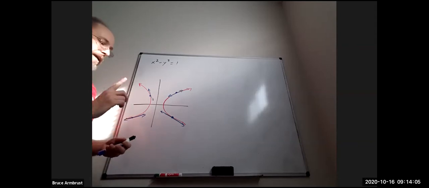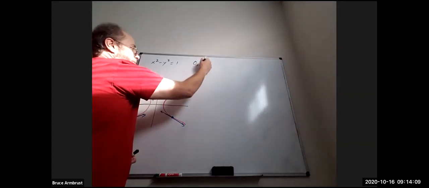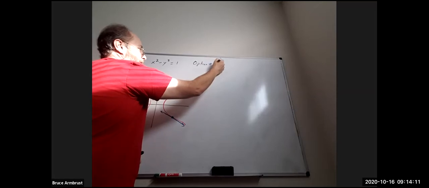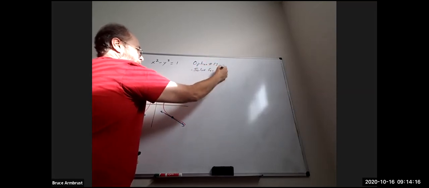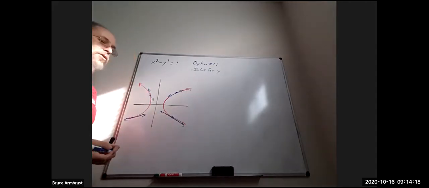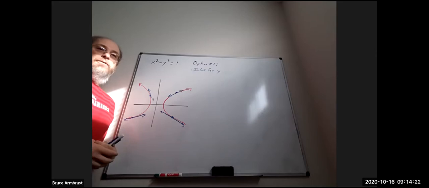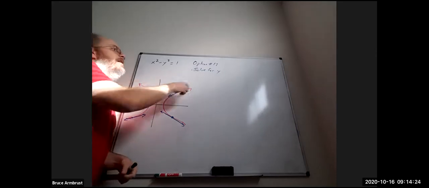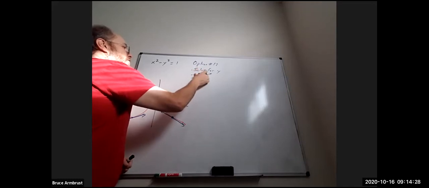So one option we have, I'm going to put this here as an option. So option number one, we can solve it for y. So if you have an equation like this, you can always start by solving it for y. Once you have it solved for y, you can differentiate like normal.